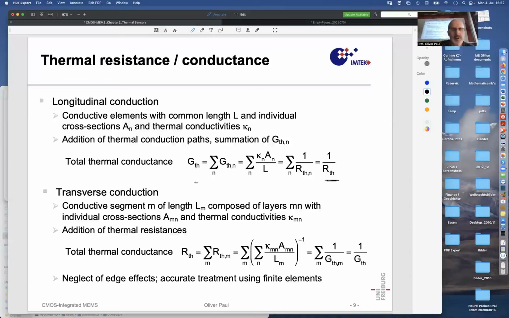So what is very simply expressed in terms of conductances, namely the additivity of the conductances in this case, translates into this well-known law that the resistances of parallel resistors need to be inverted, and then the whole sum needs to be inverted to obtain the resistance. You know that from electrical engineering.